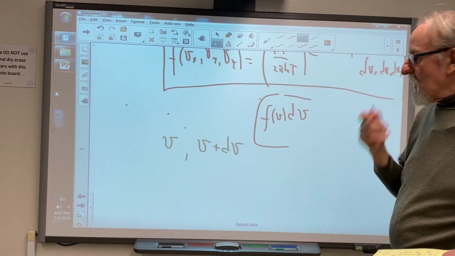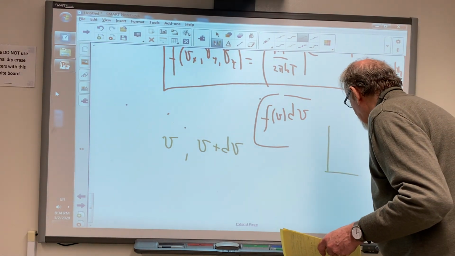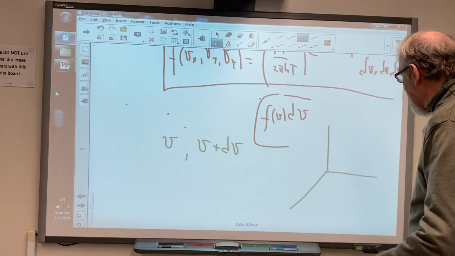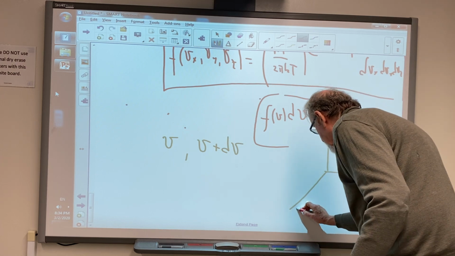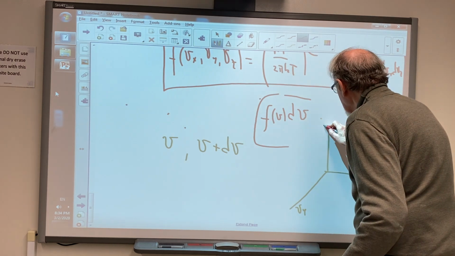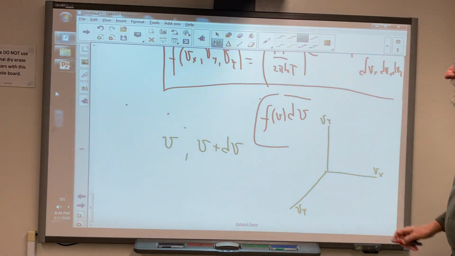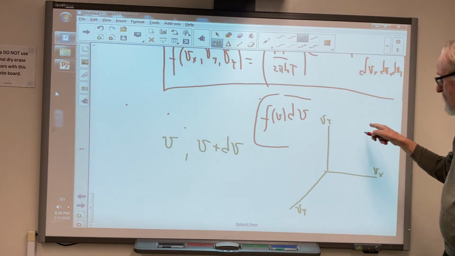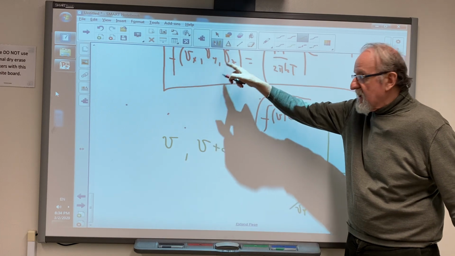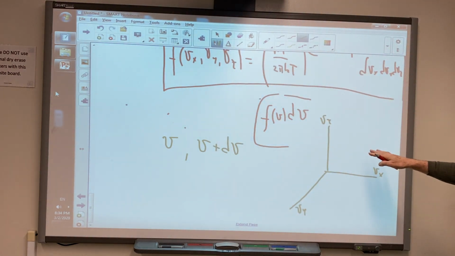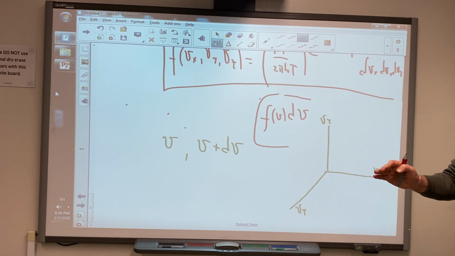If this is the space of velocities, vx, vy, vz, and this tells me the distribution f of vx, vy, vz, that I know already. But now I want to know how many have total speed between a certain number and a little other.